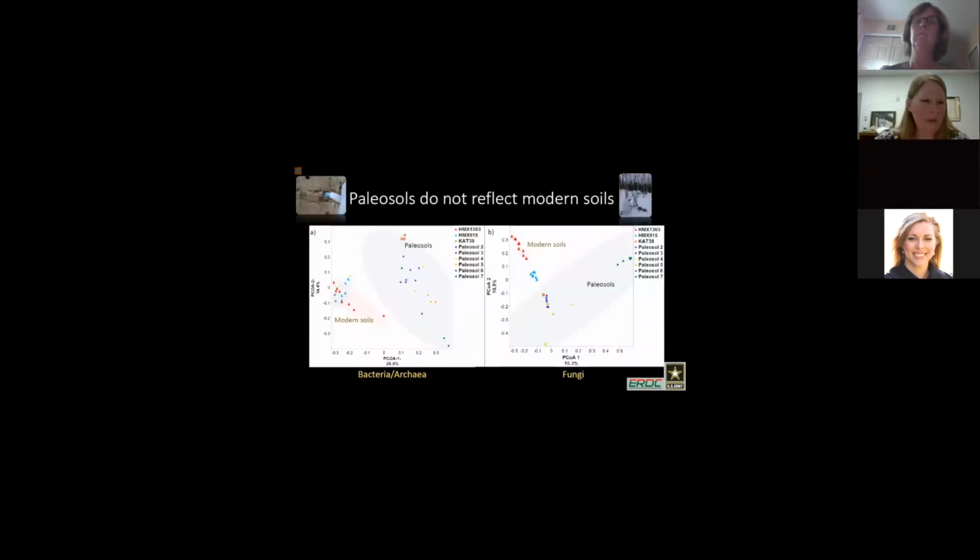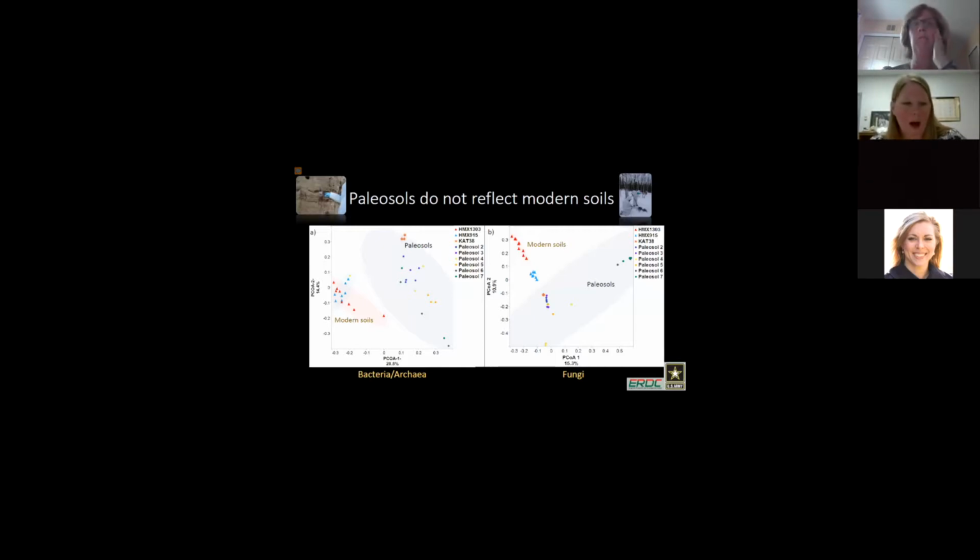So on this ordination diagram, each point represents a soil sample and the community assemblage within it. Our findings show that the bacteria and archaea, and then we have the fungi, that their sequences obtained from the modern soils do not reflect what we collected in the paleosols.